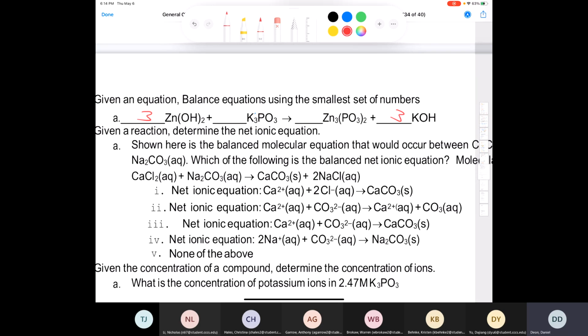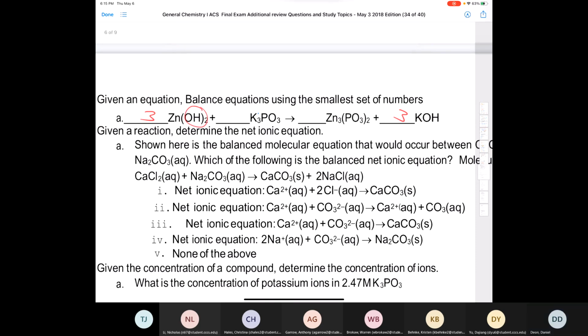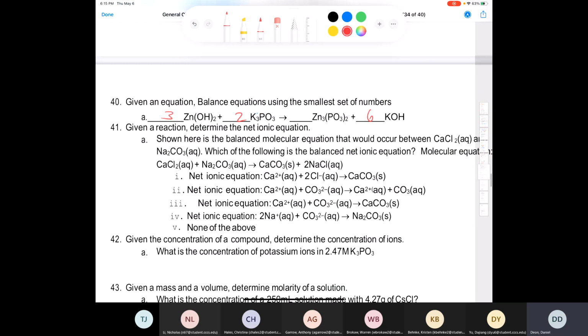But then I noticed that I had a big problem because the only place that you see the hydroxide is over here, and you have 2 of them here times 3, so that would give you 6. Once you put the 6 in front of this, then you have 6 potassiums and you only have 3 here. So you need to have a 2 there, and now you got it. Now it's balanced just like that.